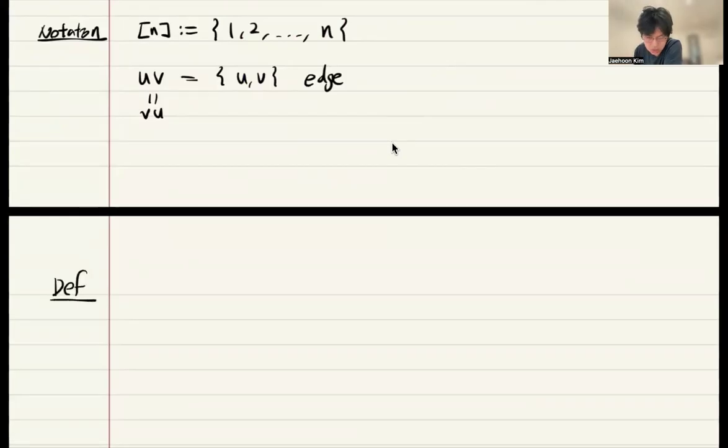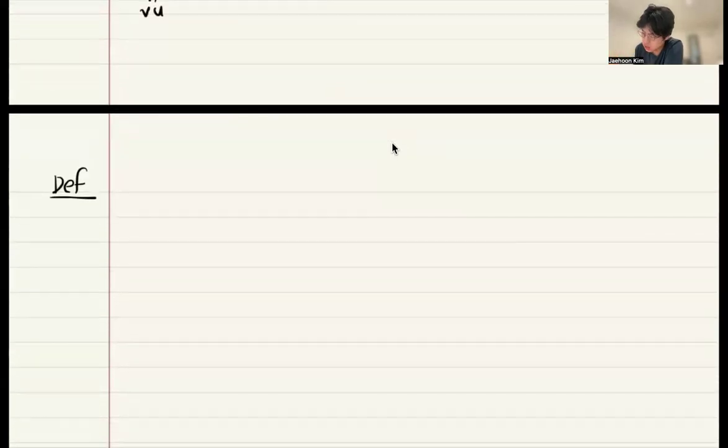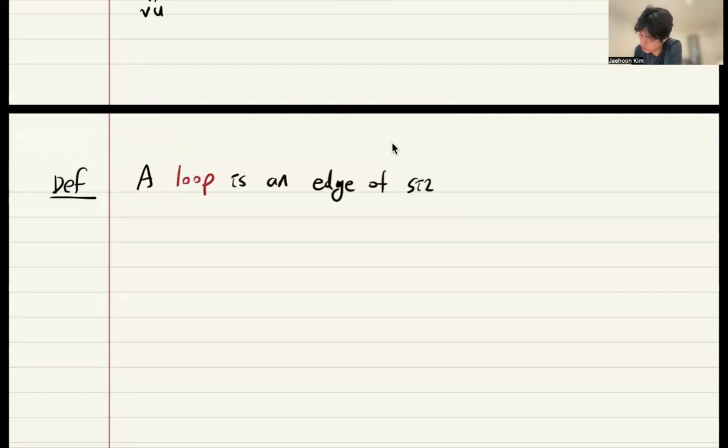So we want to give a name to graphs which do not have those things, which we call simple graphs. For example, first, a loop is an edge of size 1.